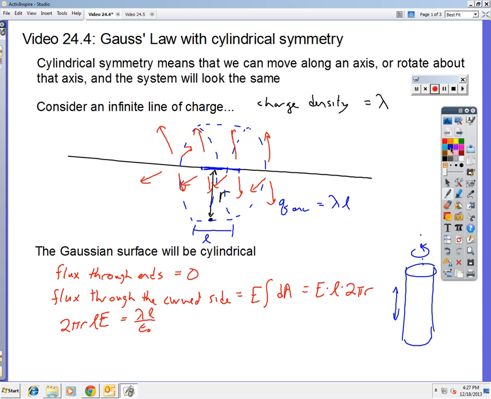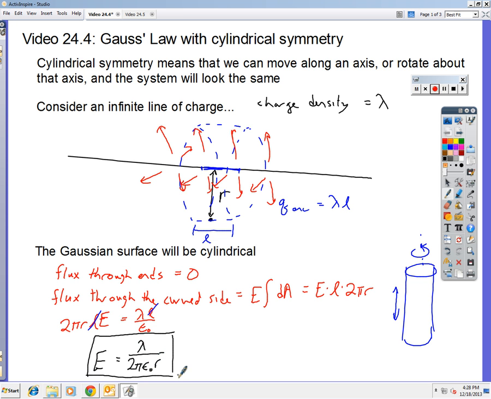We also notice that L shows up on both sides of the equation, so we can divide by it, and then we get an expression for the electric field: E equals lambda over 2 pi epsilon naught r.